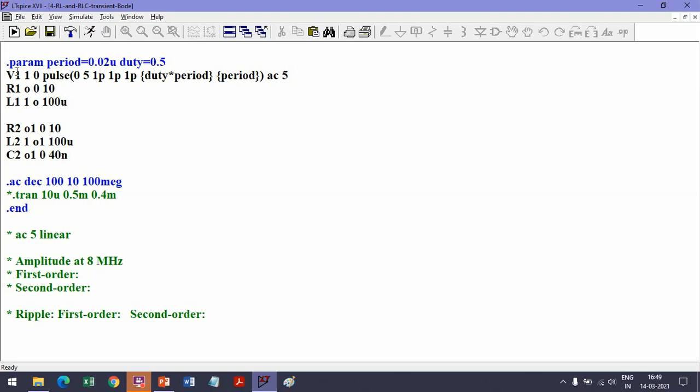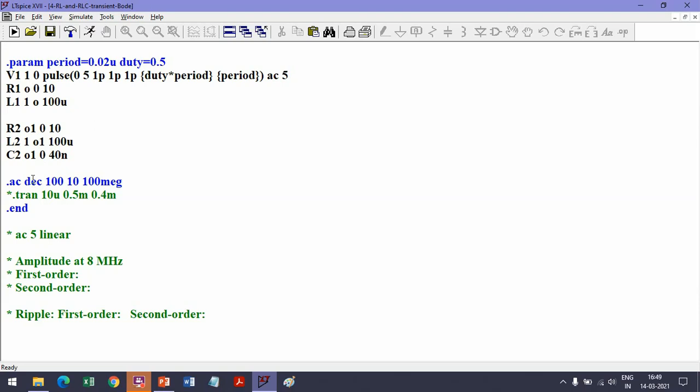Now across the same V1 we connect another RLC circuit, R2, which is 10 ohms, L2 which is 100 micro, and we connect a capacitor in parallel with the resistor which is 40 nanofarads, and this L2 is connected between 1 and O1. 1 is the same as V1.